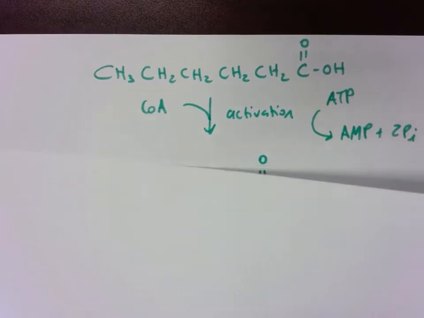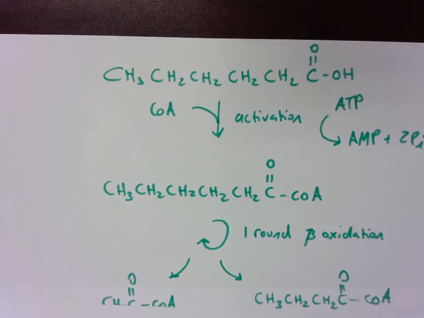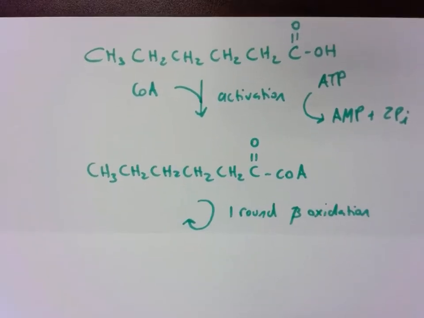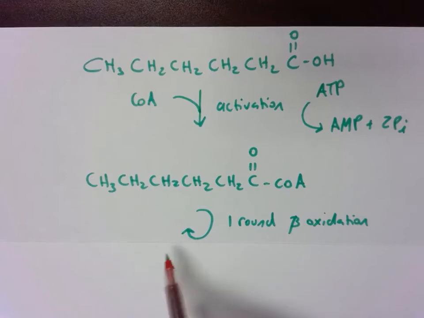And then the fatty acid is now activated and ready for beta oxidation. The first round of beta oxidation is four separate reactions, and we call this a beta oxidation spiral. Like I said, I'm not going into detail on the reactions here, just looking at it more broadly.